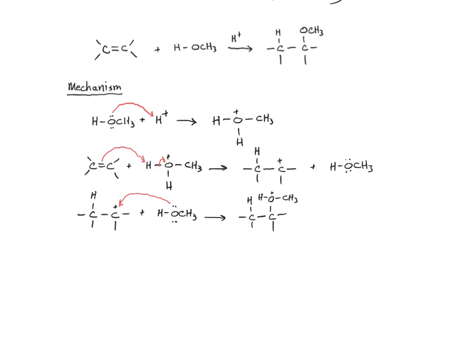We have a positive charge on that oxygen, and at this point we are primed for something to come in and remove that proton. Now, again, the most likely base is going to be the base that's most plentiful and is still strong enough to remove that proton. And some of the methanol that we had in the reaction should be more than strong enough to do that.